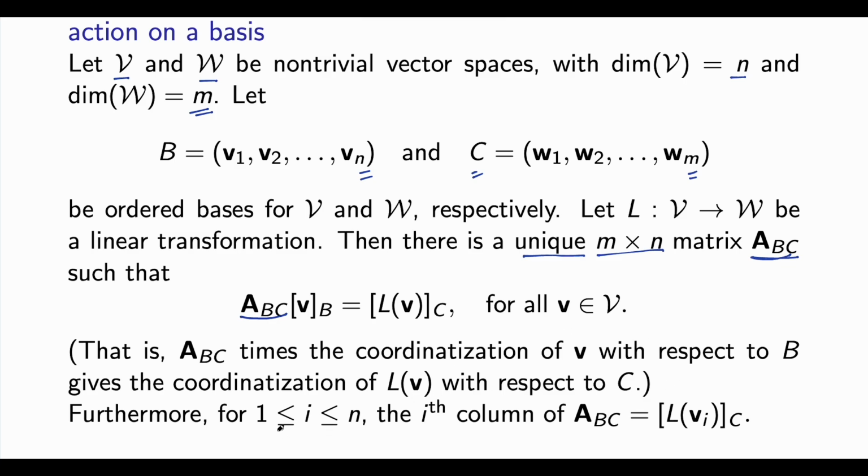Furthermore, for i equal to 1 to n, the ith column of A_BC is equal to L of v_i with respect to C, right?